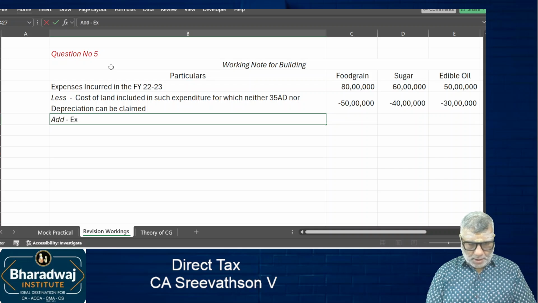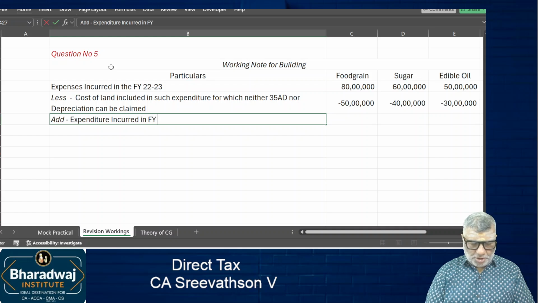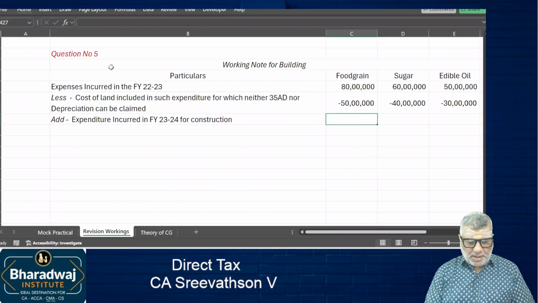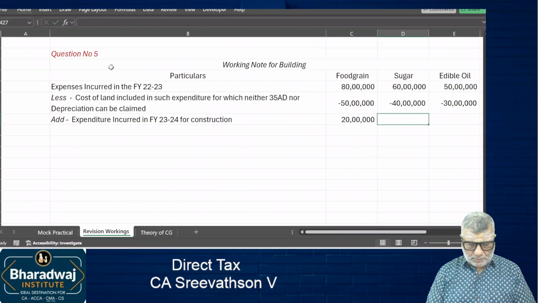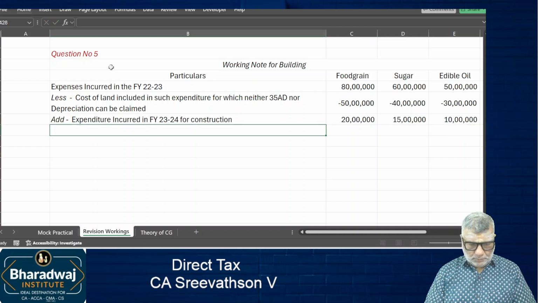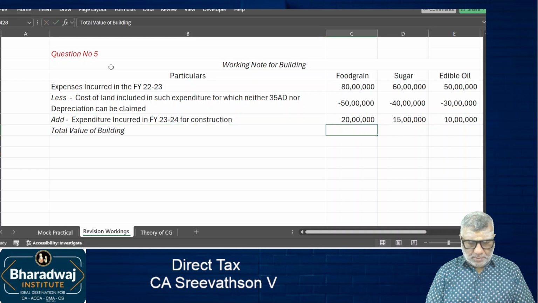And expenditure incurred in financial year 23-24 for construction. Total value of building.